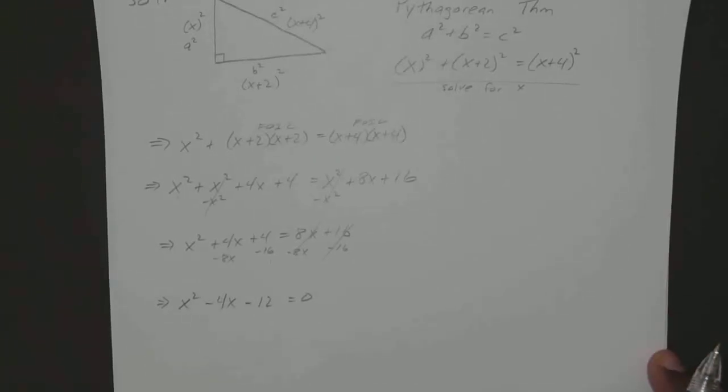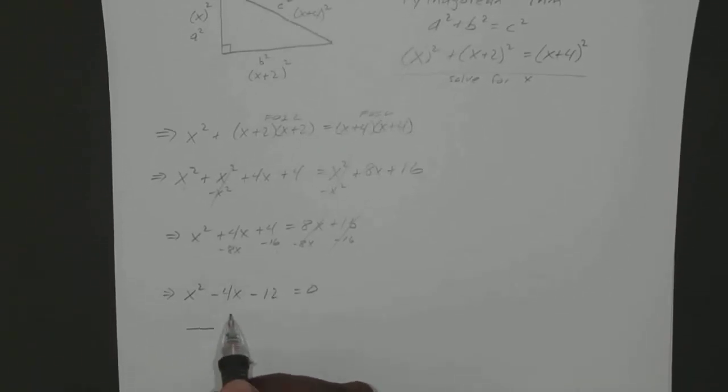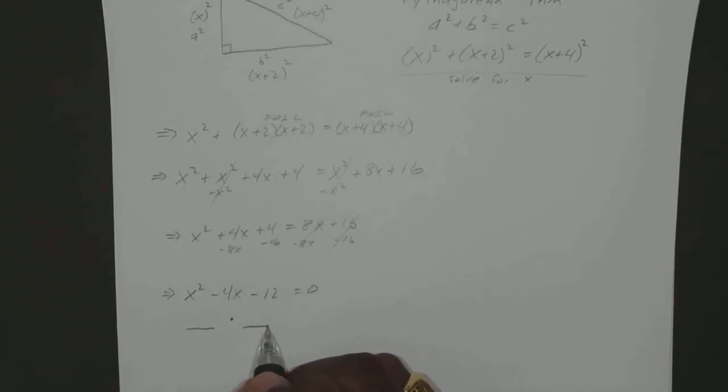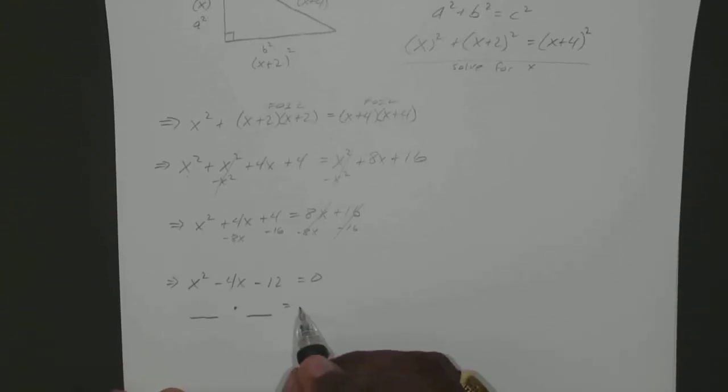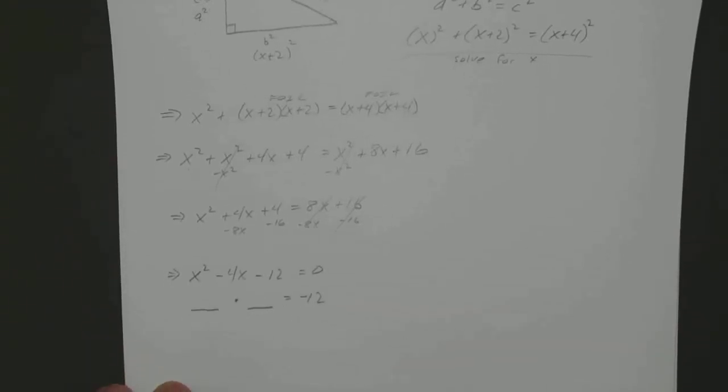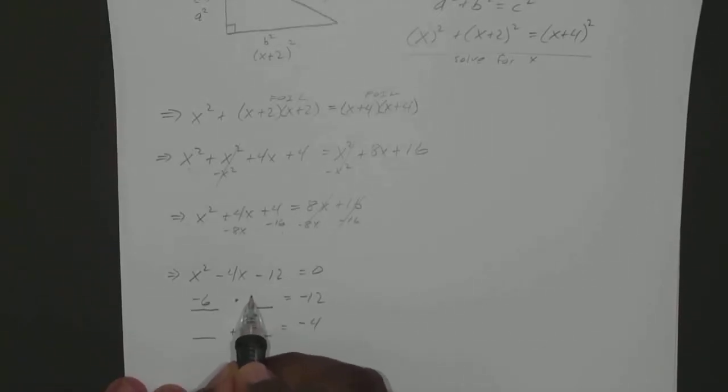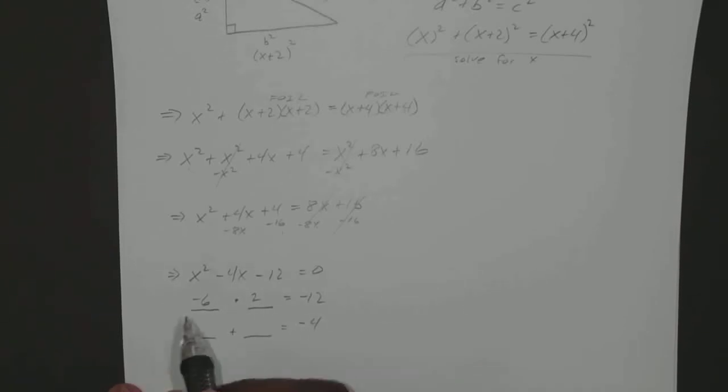Okay. So since we have nothing in front of the x squared, find two numbers that multiply to equal our c, which is negative 12. And those same two numbers add to equal your b, which is negative 4. Okay. So for this one, it looks like negative 6 and positive 2 should work. Okay, so we have negative 6 times 2 is negative 12.